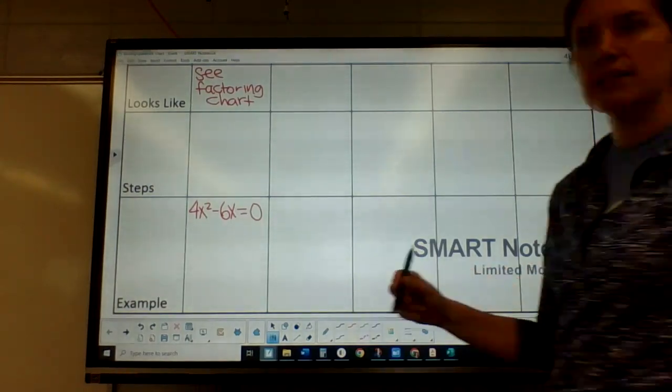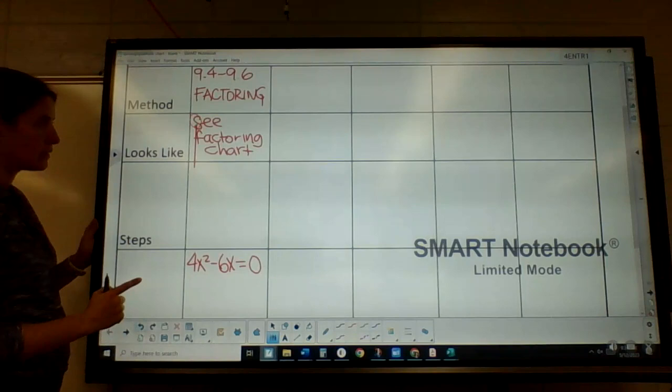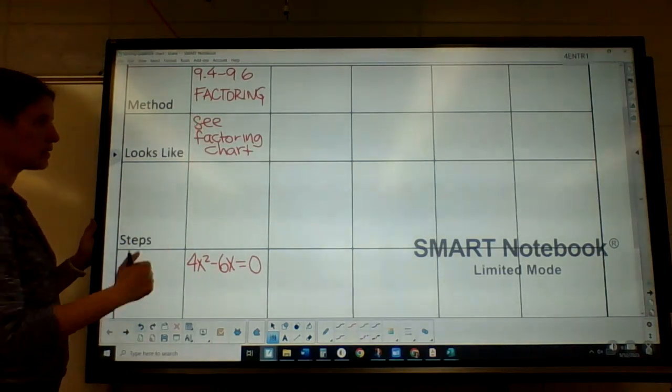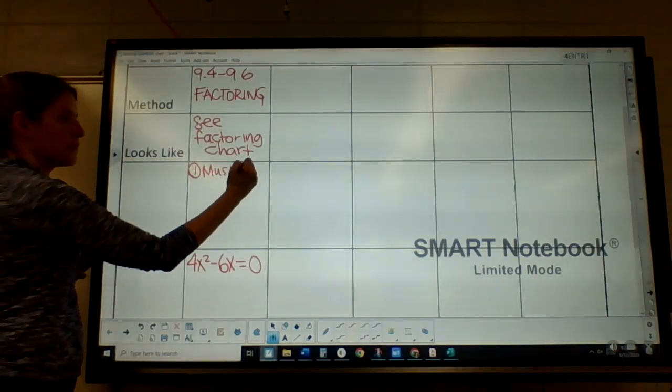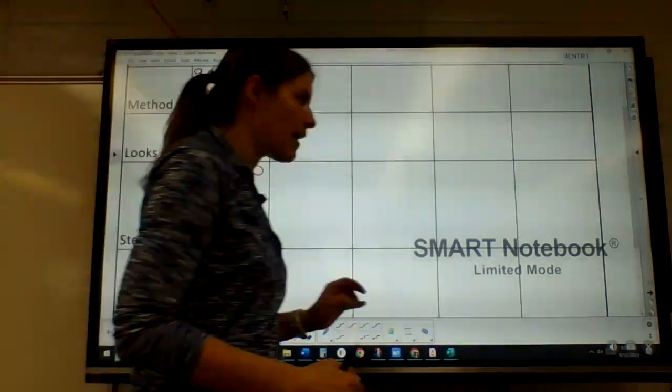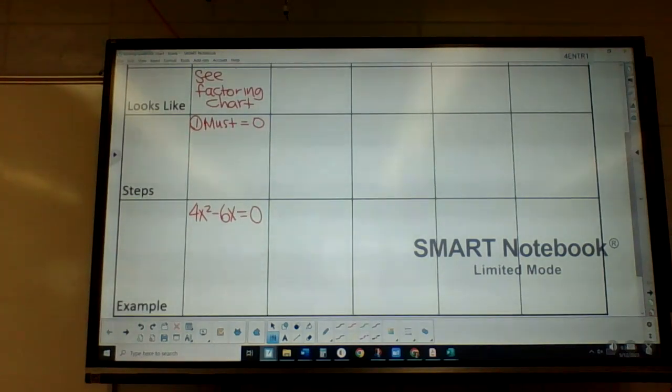Our first step is the equation must equal 0. If I say to solve by factoring, the equation has to equal 0. So if you need to move things so that it equals 0, you need to do that. This one already equals 0.